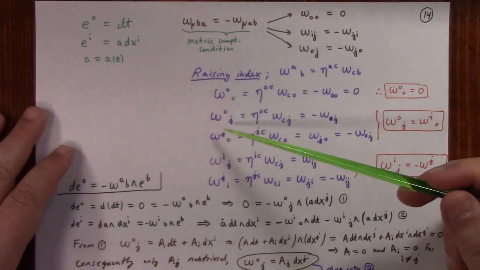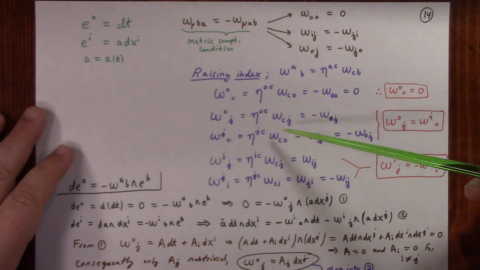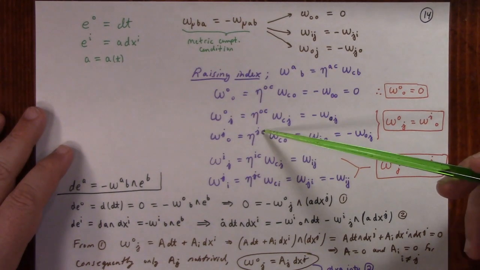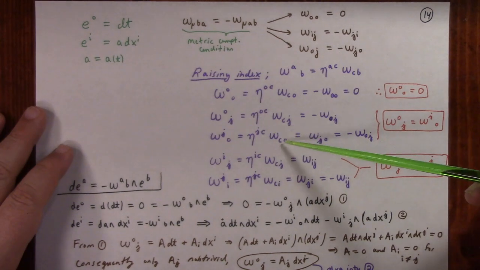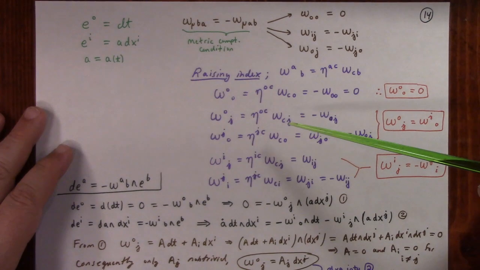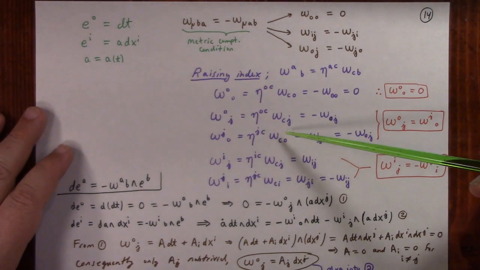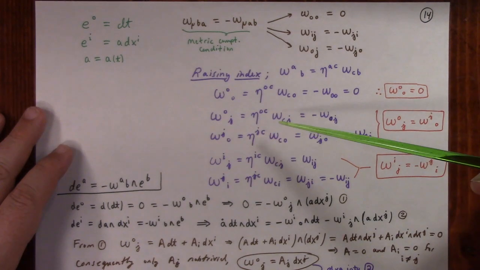On the other hand, omega j0 is the contraction of eta jc against omega c0. Now this is only non-zero if c equals j, in which case it's 1. Again, I'm always going back to the Minkowski matrix being minus 1, 1, 1, 1, and it just so happens that eta is equal to eta inverse in that context. So upper, lower, I have the same components.